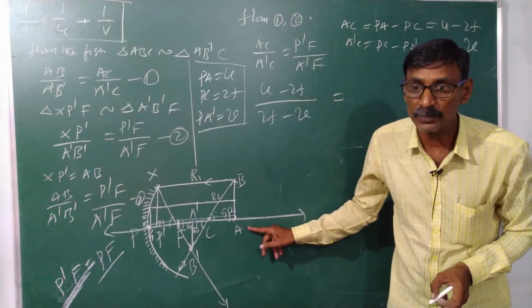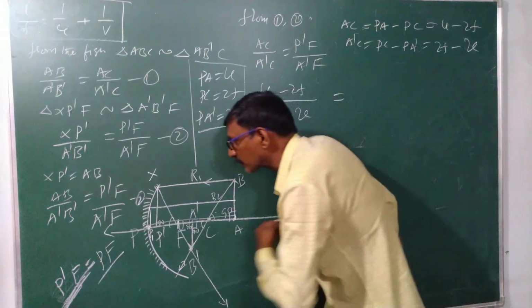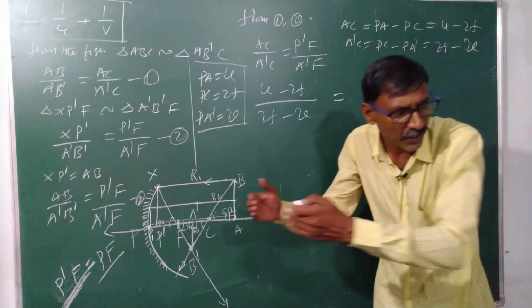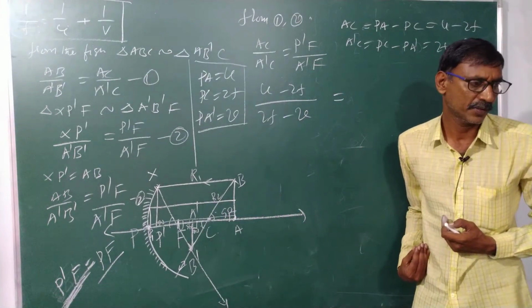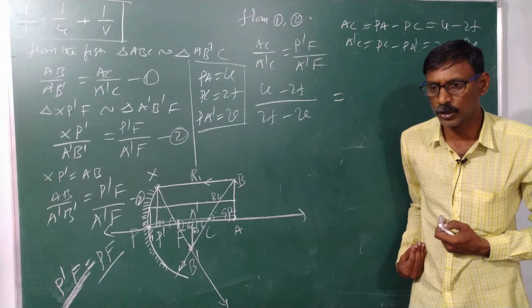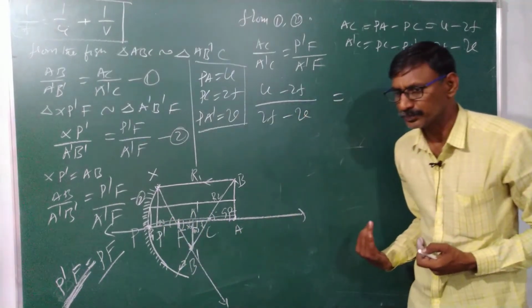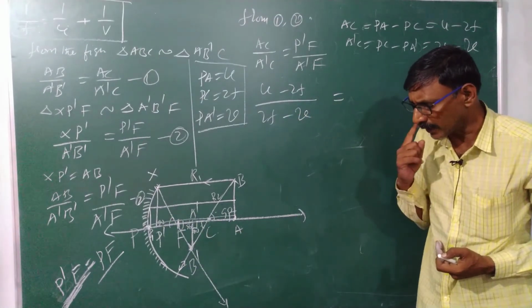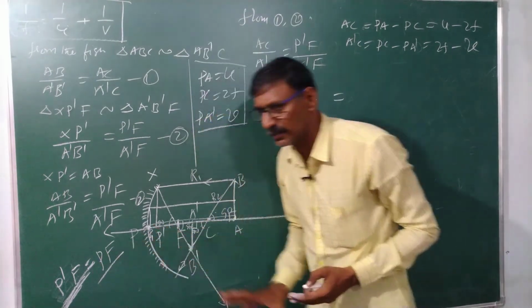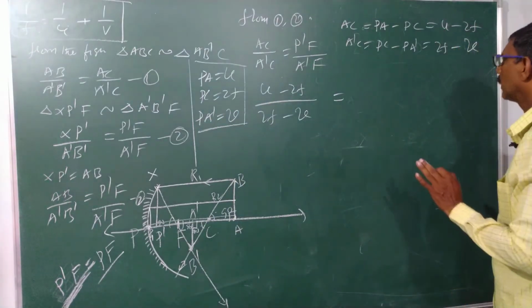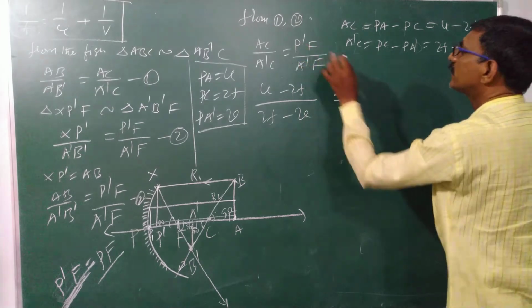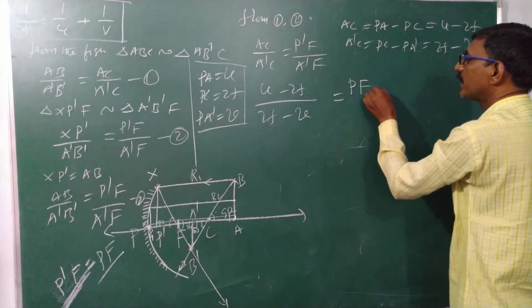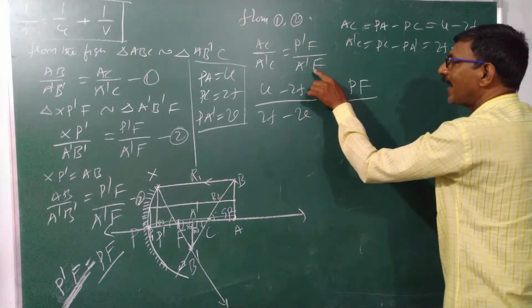All rays go to the principal axis and come back in the same path. That's the reason P dash F is nothing but PF. This is my P dash F, is nothing but PF, divided by A dash F.